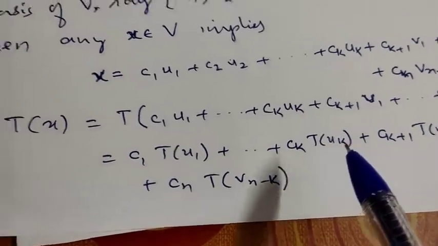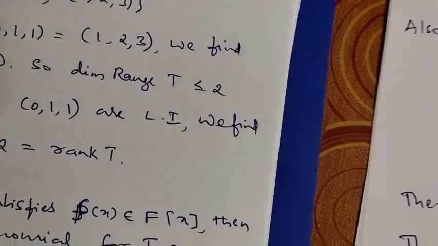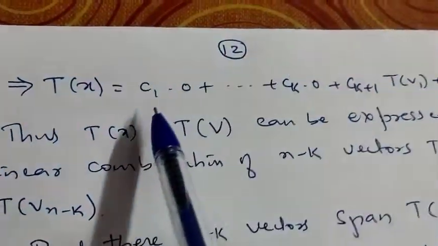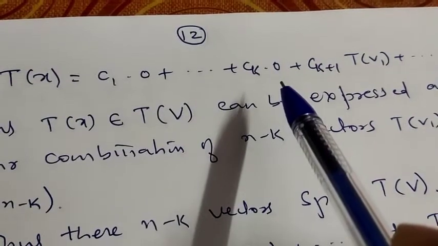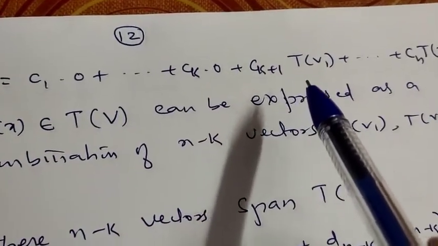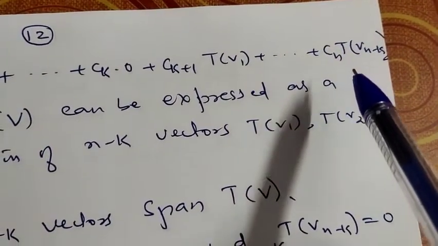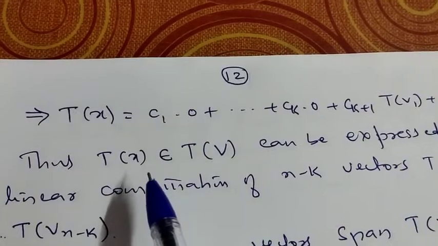Therefore, T of X becomes C1 times 0, etc., up to K terms it is 0, plus Ck plus 1 T of V1 plus Ck plus 2 T of V2, etc., Cn into T of Vn minus K. Thus, where does the element T of X lie?